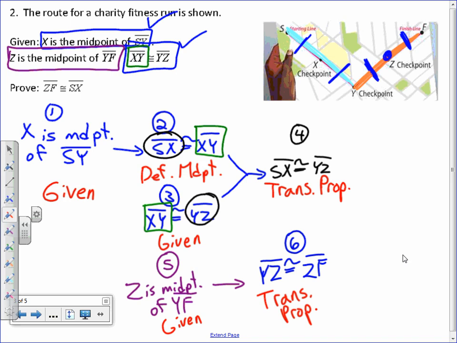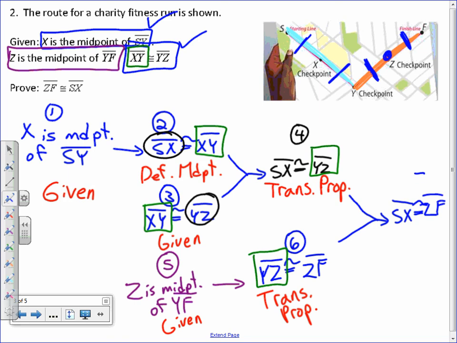My reason there is, again, the definition of midpoint. And if we look at number 4 right above it, which is kind of why I put number 5 where it is, I can look for the transitive property. I have segment YZ in statement number 4. I have segment YZ in statement number 6. So I can put those together with the transitive property a third time and say that SX as a segment is congruent to segment ZF.